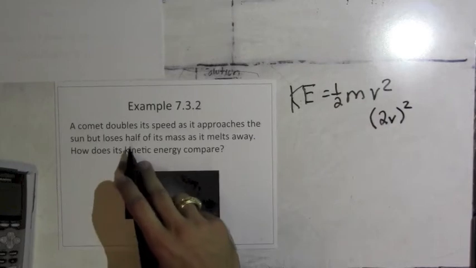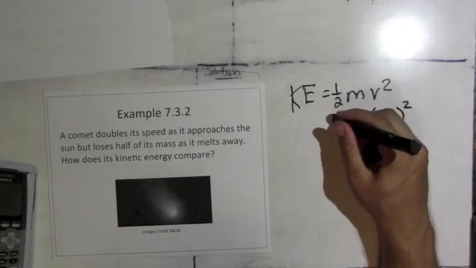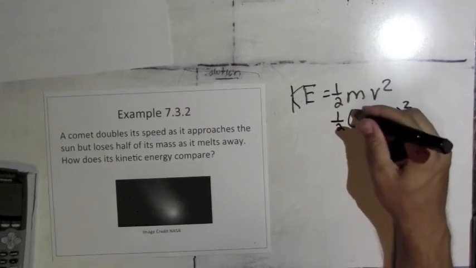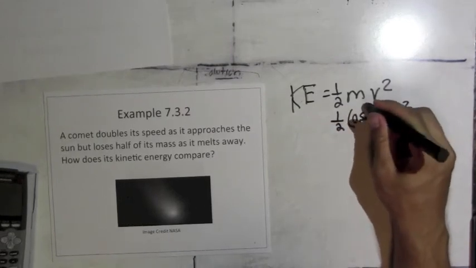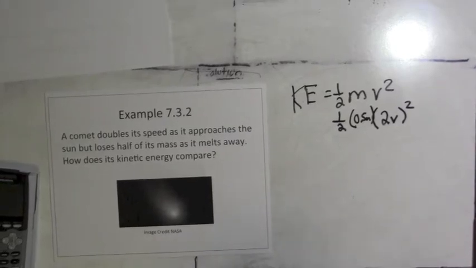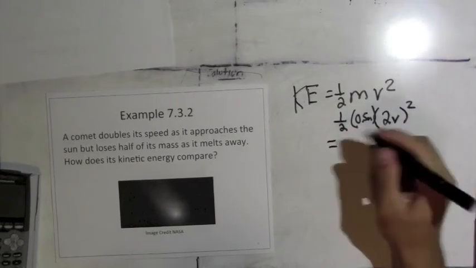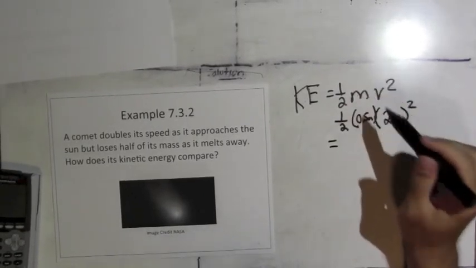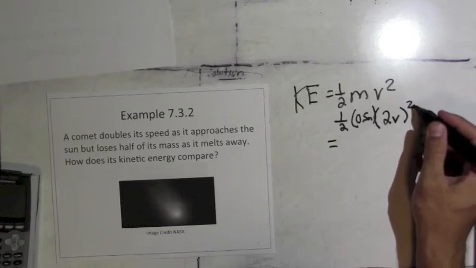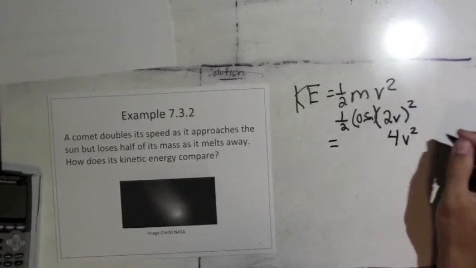But it loses half of its mass. So we have 0.5 m. 0.5 m lets me know that I lost half of my mass. So now we need to look at this overall equation. I need to get it back to this form right here. In order to do that, I'm going to square this out, and I would get 4v squared.